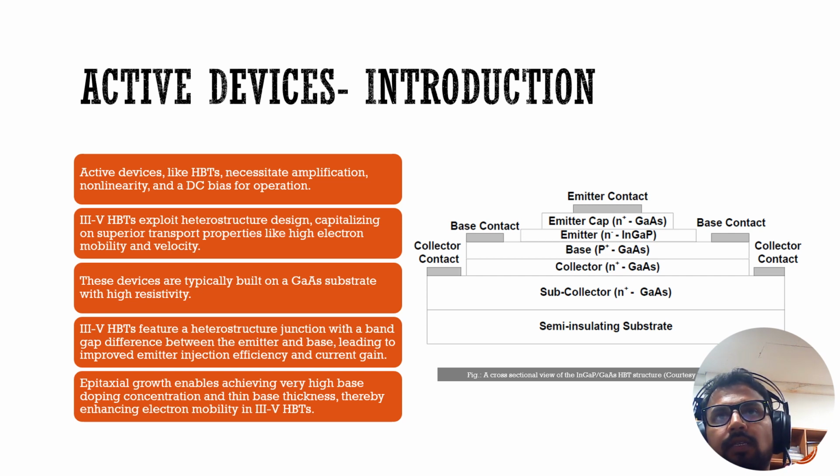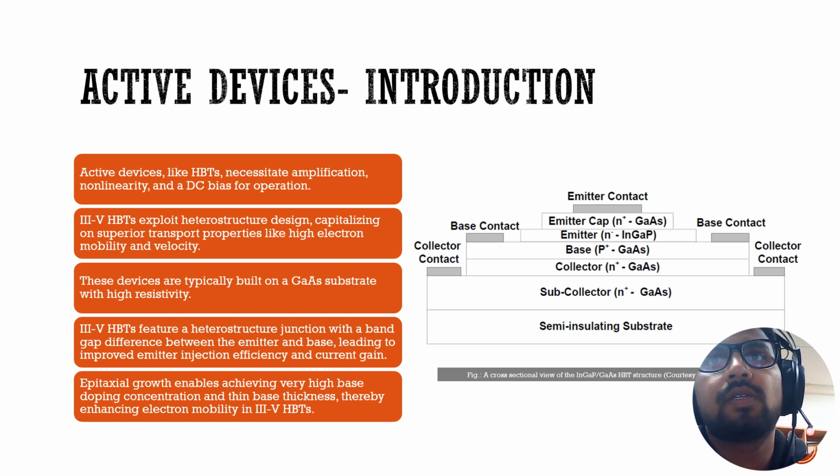These devices are typically built on a gallium arsenide substrate with high resistivity. HBTs feature a heterostructure junction with a band gap difference between the emitter and base, leading to improved emitter injection efficiency and current gain.